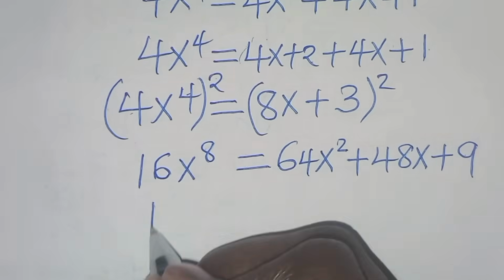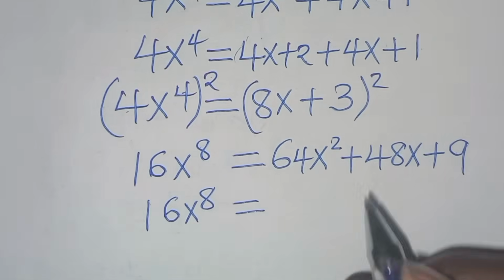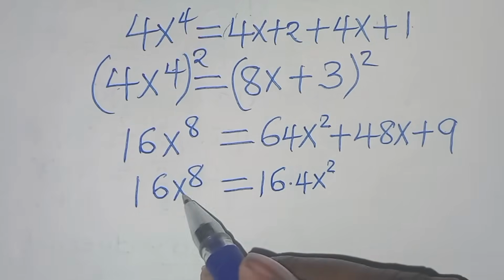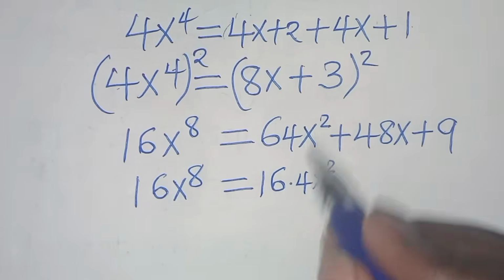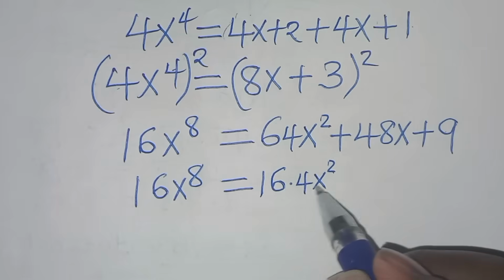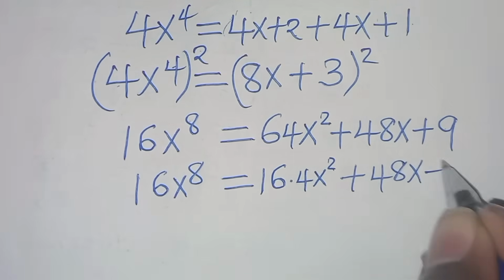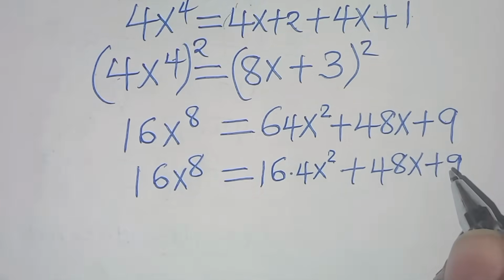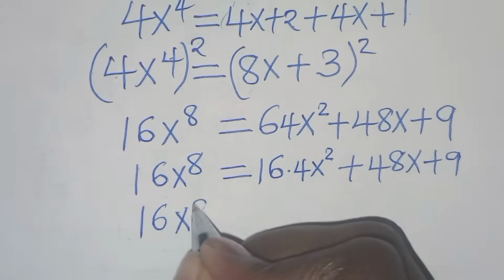The next step from here, we have 16x to the power of 8. Then here we have 64x squared can be expressed as 16 times 4x squared, plus 48x, then plus 9. So the next step from here, we have 16x to the power of 8.